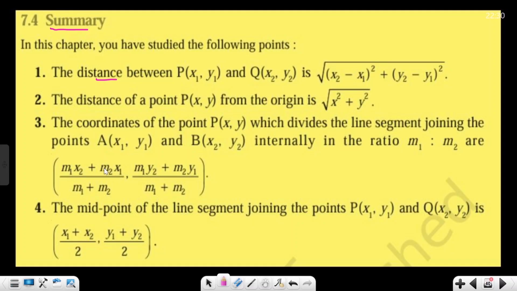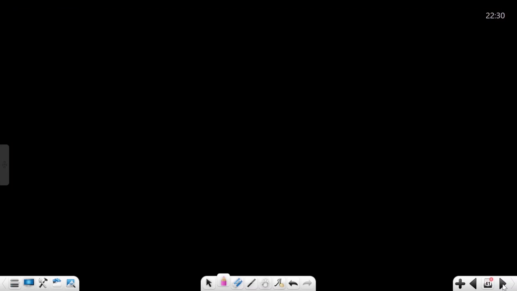I wrote here n, not m2. And the midpoint formula is so simple: x1 plus x2 divided by 2, y1 plus y2 divided by 2. How do we derive the midpoint formula? From the section formula. The ratio is 1:1. When we put the ratio value, we get this value, x1 plus x2 divided by 2, y1 plus y2 divided by 2. I hope everyone enjoyed this lecture.